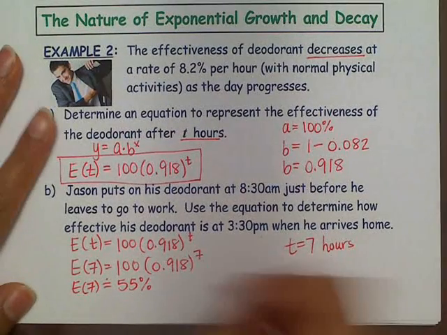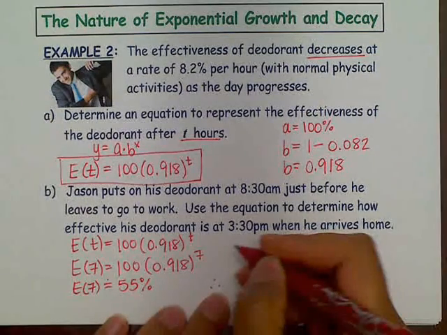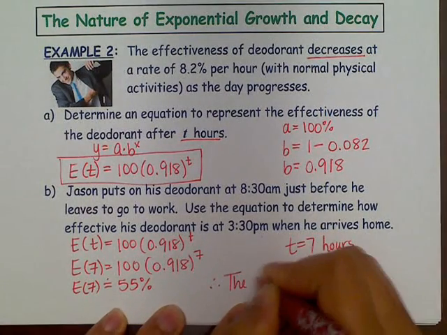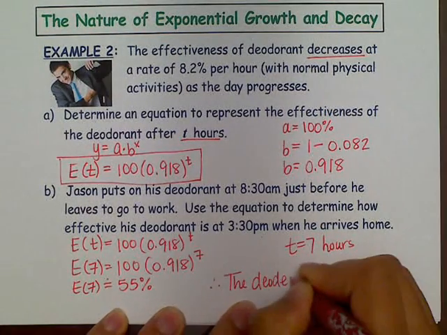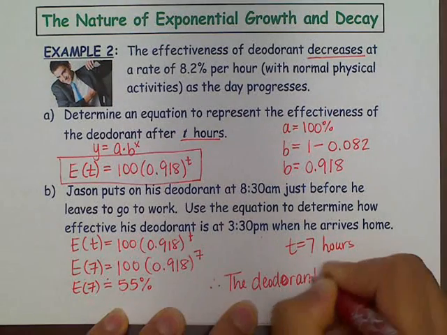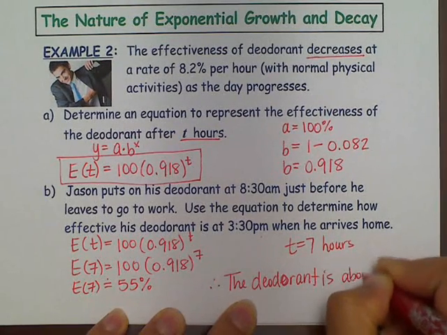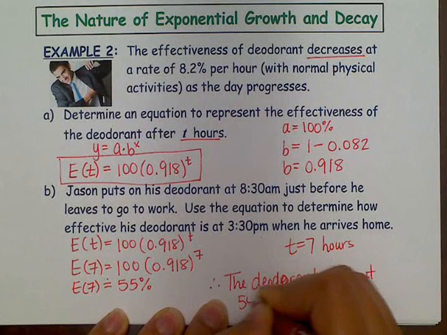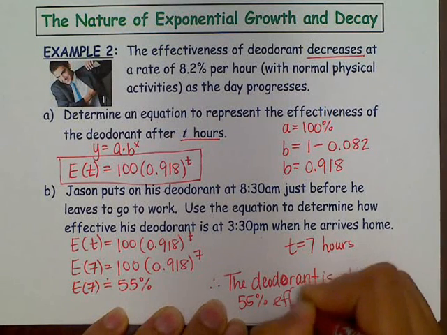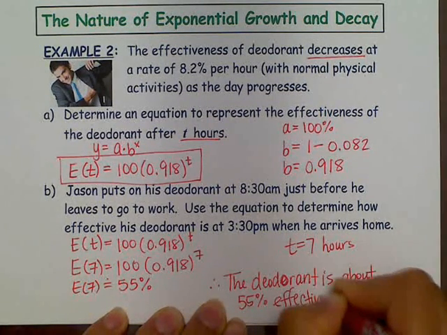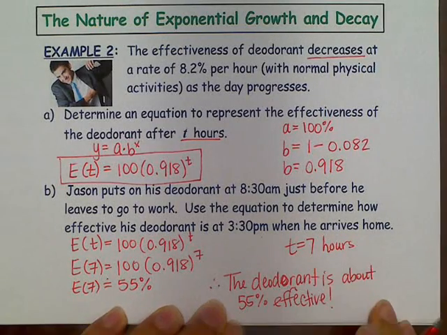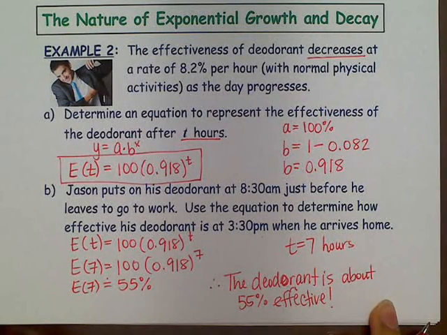Okay, so when he gets home, the deodorant is only about half as effective as it was when he put it on. Okay, so therefore, the deodorant is about 55% effective. What does that mean? He needs to put it on again. And that's it.